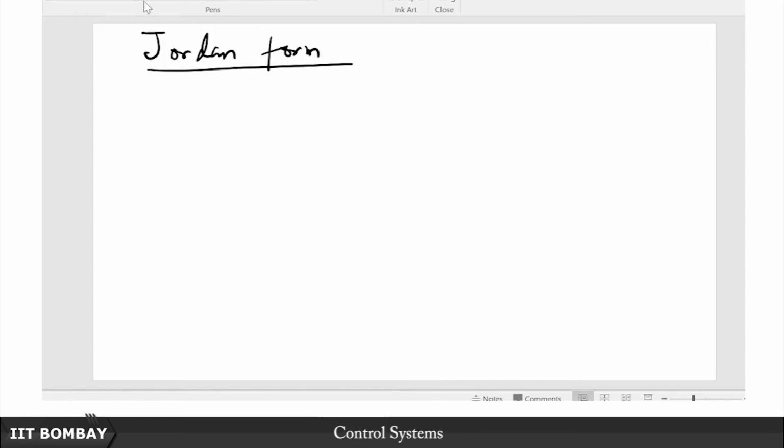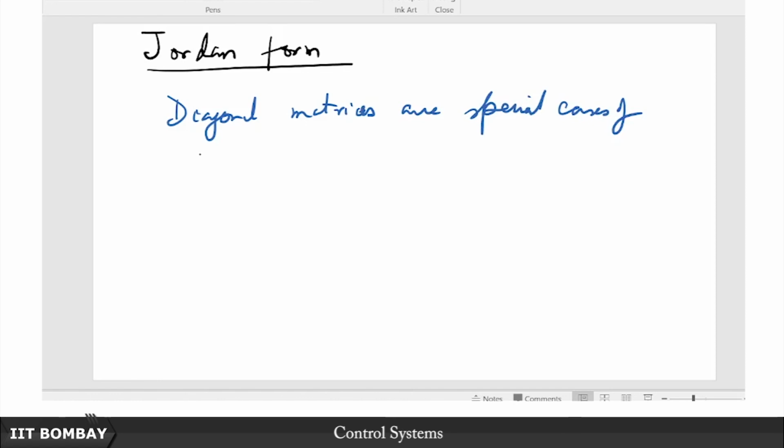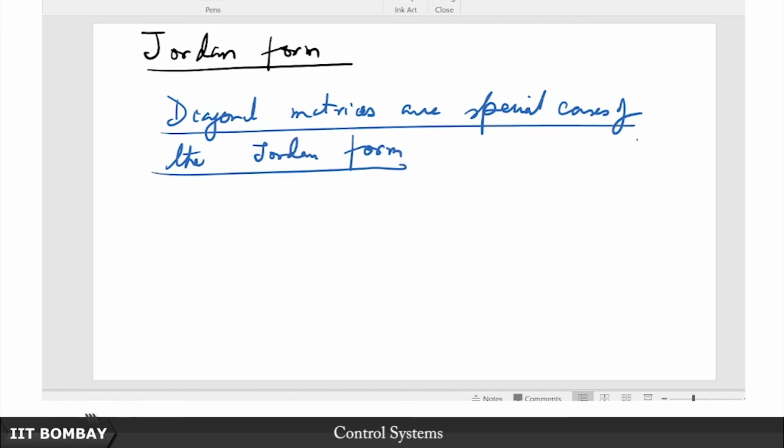So what I am trying to say is that the Jordan form within it incorporates all of these. So the diagonal matrices are special cases of the Jordan form, okay. So I am not going to again go into the proof, I am just going to outline the method for you and then with an example I am going to show you how to get this Jordan form, okay.